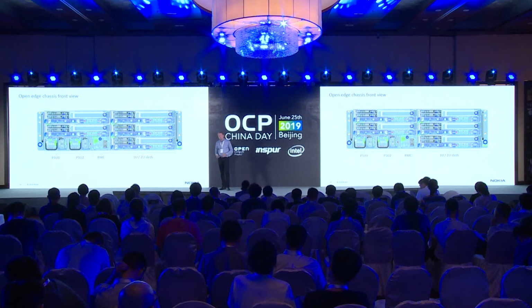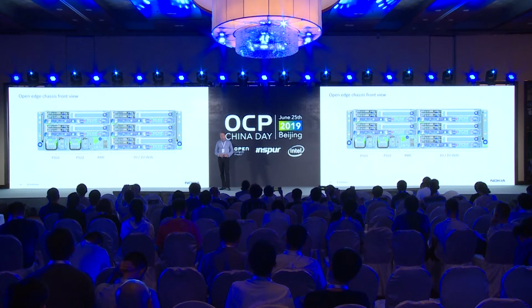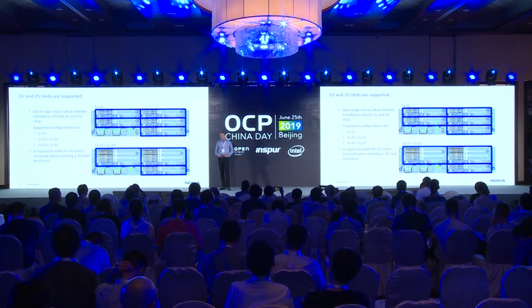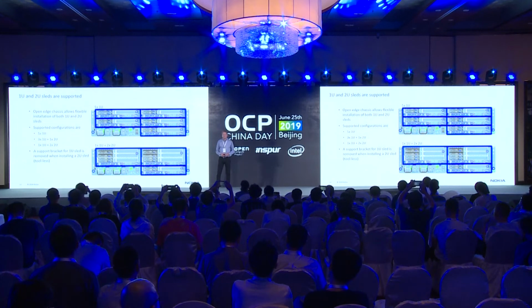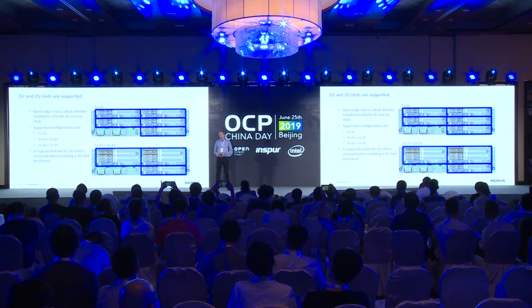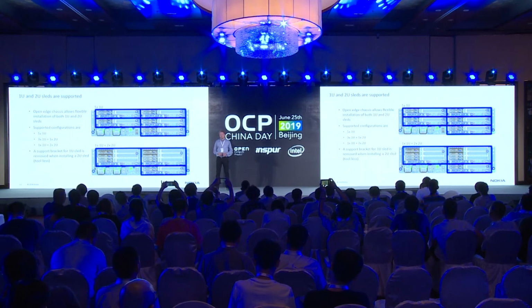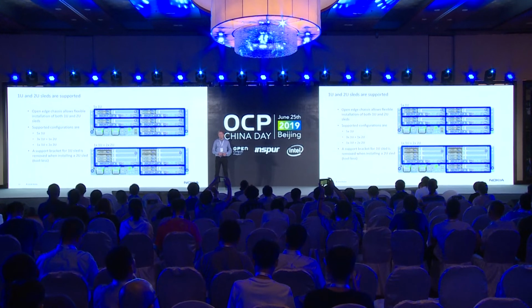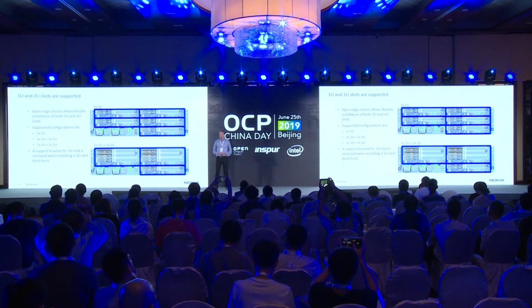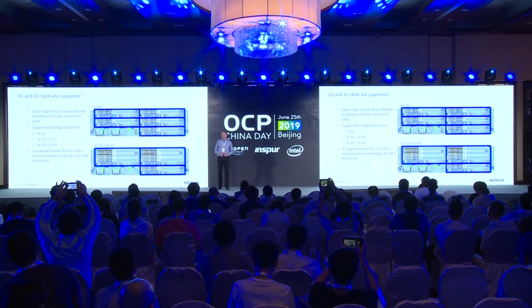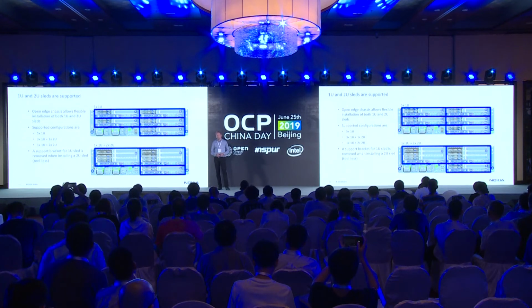Okay, front view, just showing the components of the chassis. And this picture is showing which kinds of configurations are possible in the chassis. It can be 5 times 1U, or 3 times 1U plus one 2U, or one 1U and two 2Us.